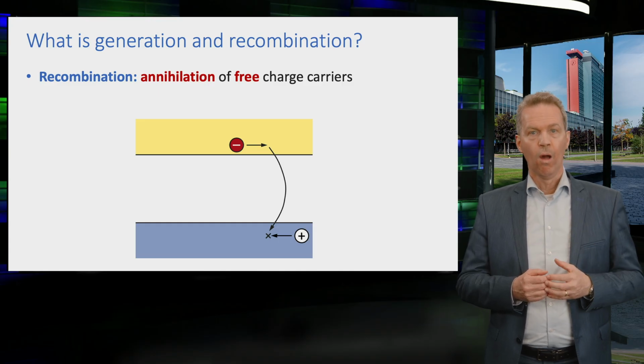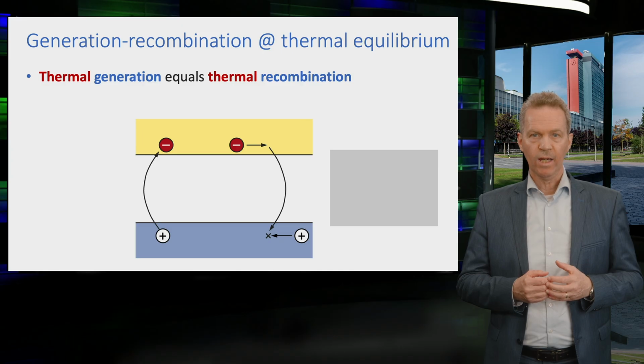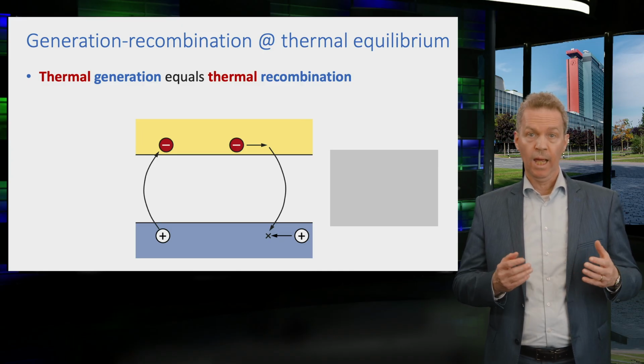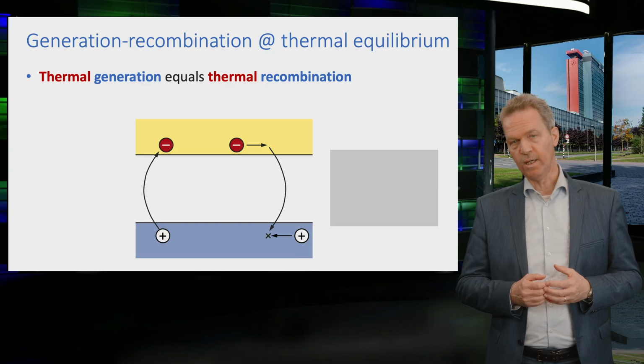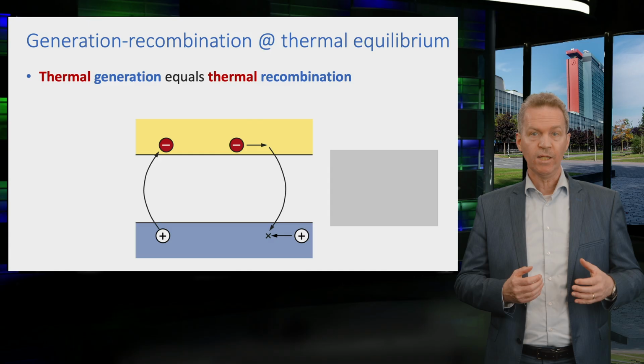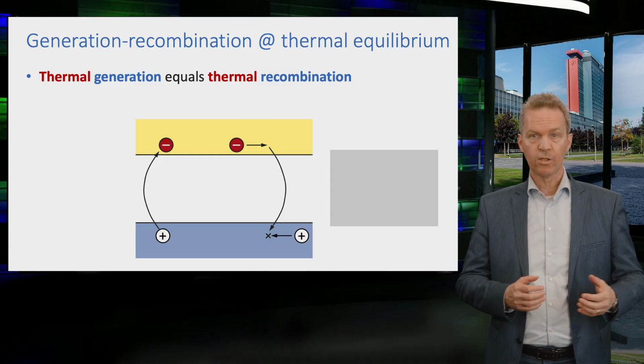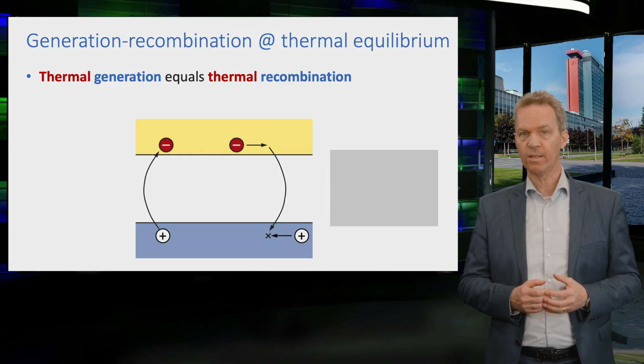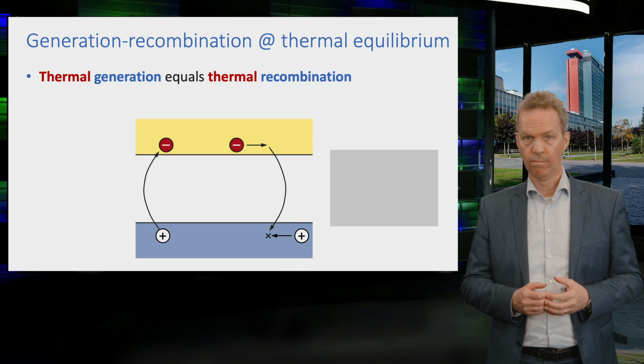We will now look more closely at generation and recombination in thermal equilibrium. In this slide, both processes are displayed. As we have seen earlier, the concentration of free charge carriers remains constant in time when the semiconductor is in thermal equilibrium.